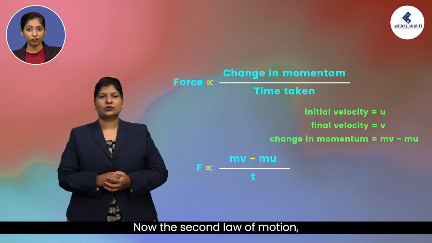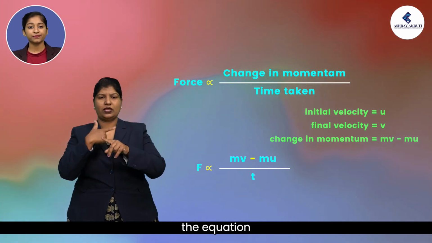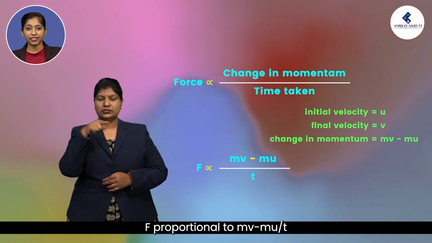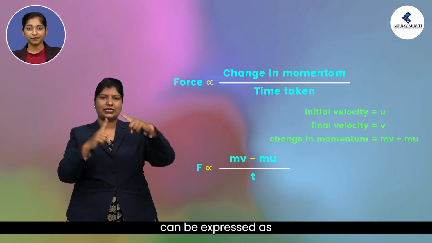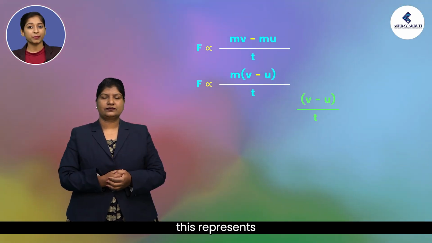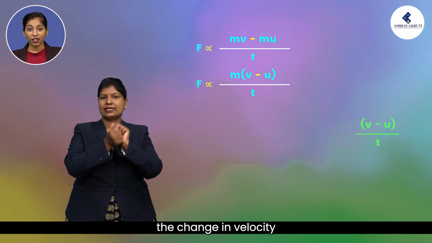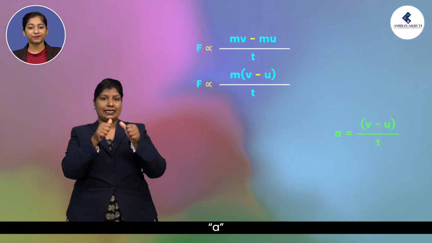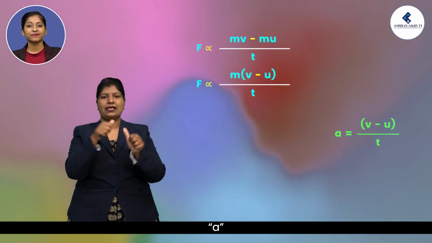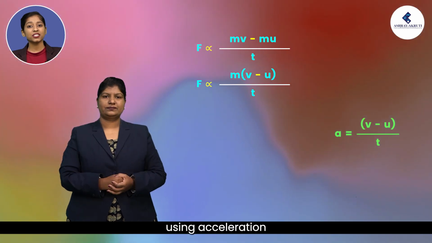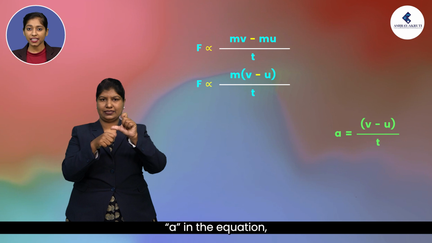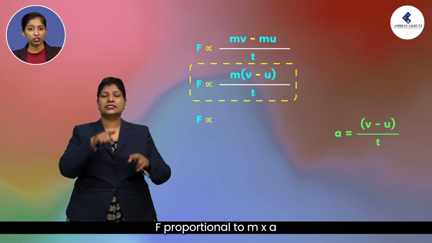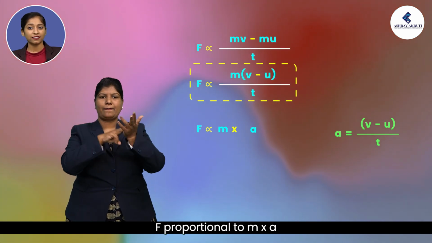Now, the second law of motion equation F proportional to (mv minus mu) by t can be expressed as F proportional to m times (v minus u) by t. (v minus u) by t represents the change in velocity with time, which is known as acceleration a. Using acceleration a in the equation, F proportional to m into a.